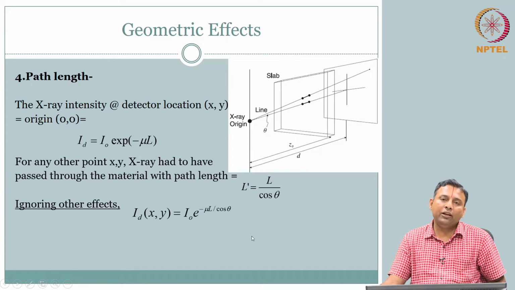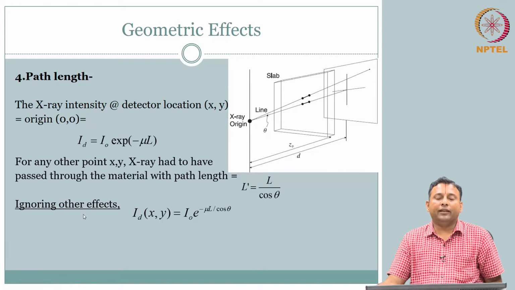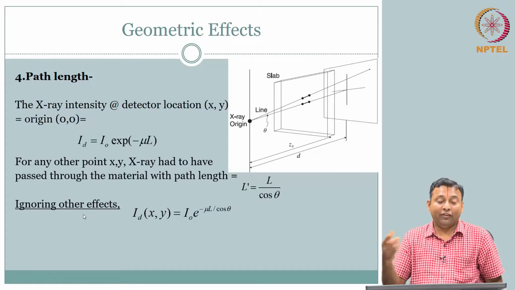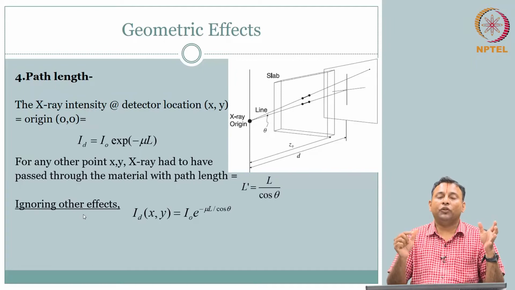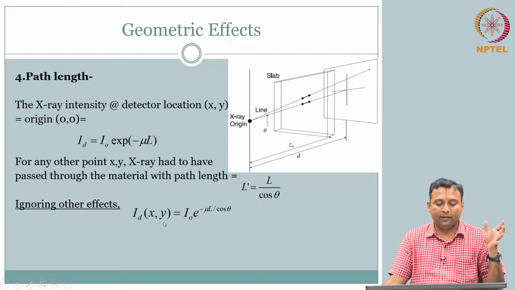Now, if I have to incorporate the other effects, what is going to happen? We will pretend that the effects we saw already are irrespective of the object; they were there because of the geometry without even considering the object. So, if you have the object, the thickness or path length is going to affect it this way, and the other geometric effects are just going to add on.